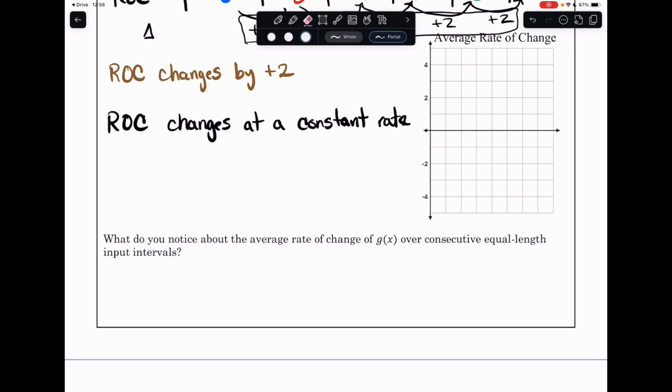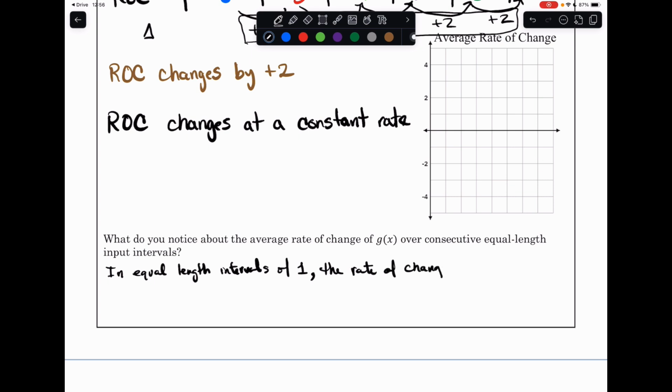So what does this mean about the average rate of change? Well, at equal length intervals of 1, the rate of change is increasing by 2. So what does that mean?